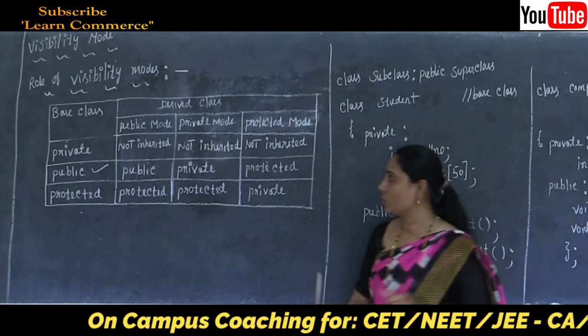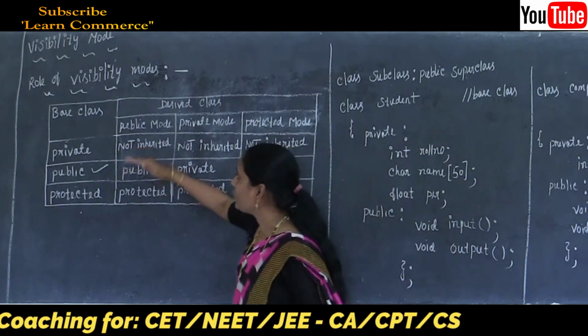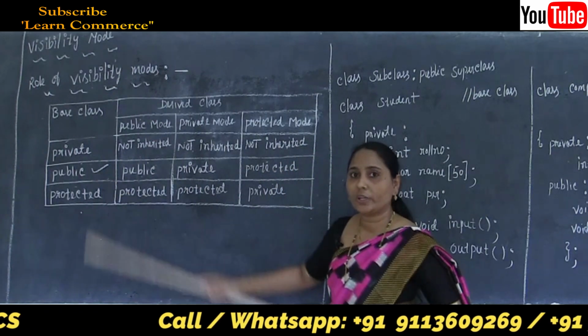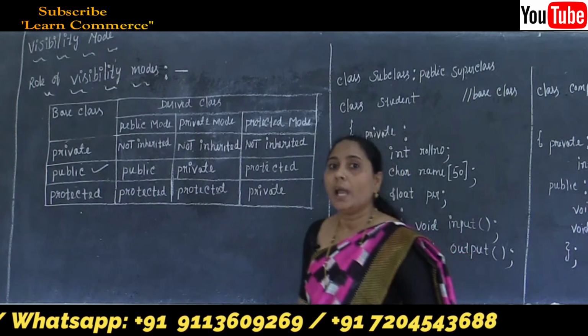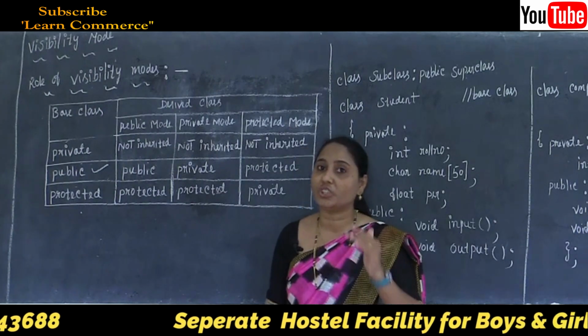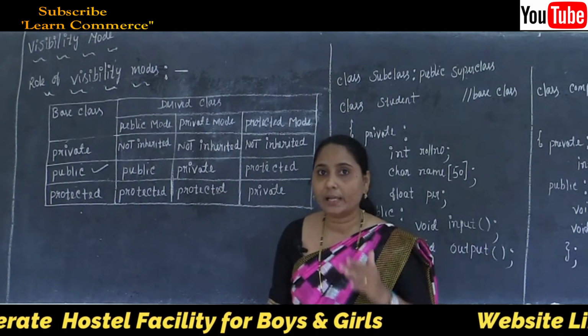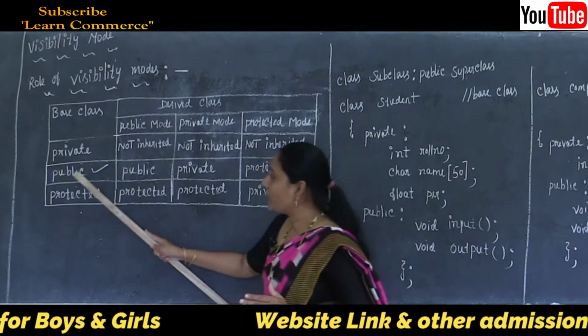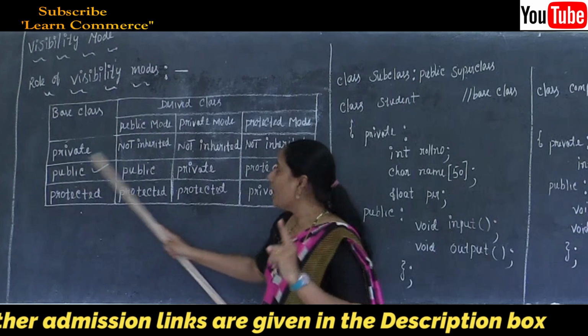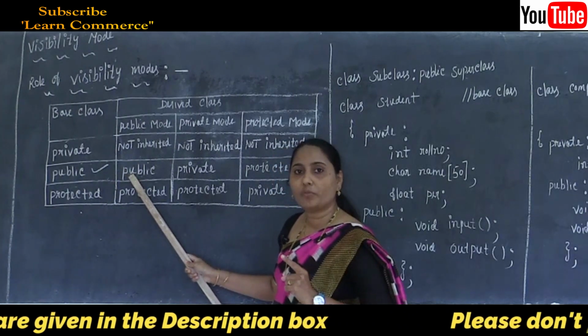Is the first note clear? I am going to repeat it, so listen properly, because this is the most important note about visibility: which members can be shifted, and whether all members can be shifted or not. The first thing: the public members of the base class become the public members of the derived class.